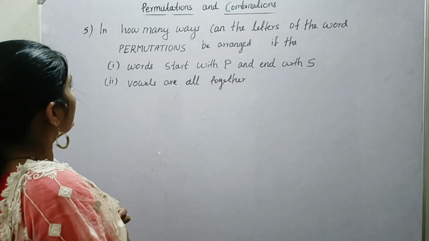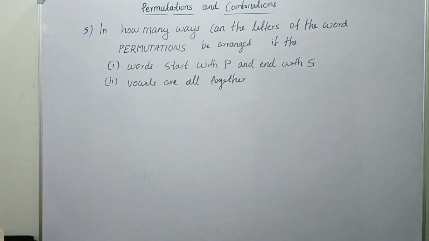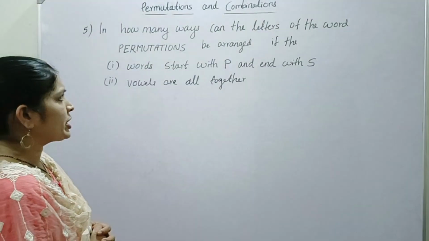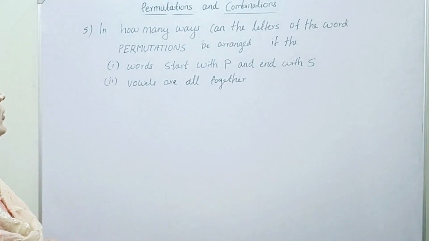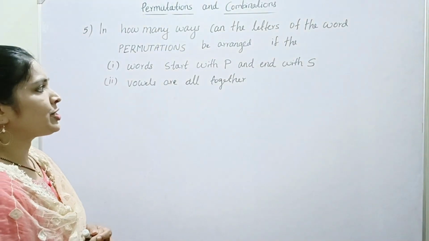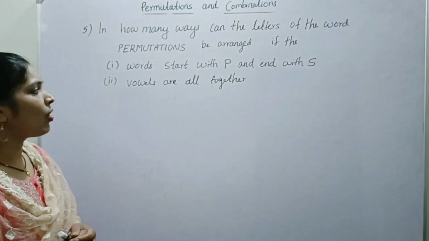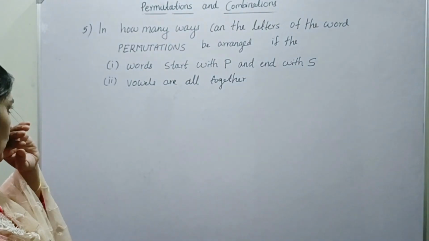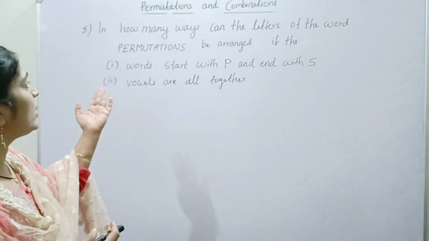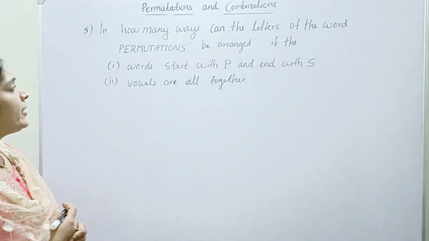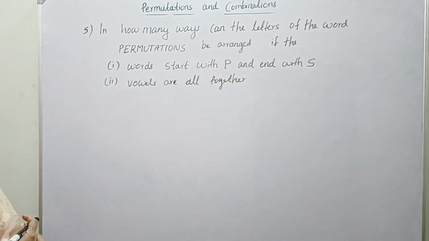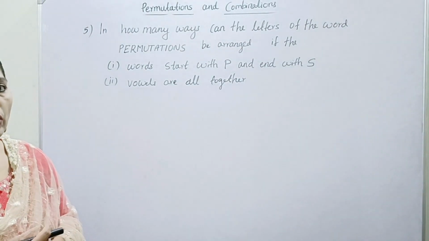Next question is, in how many ways can the letters of the word PERMUTATIONS be arranged if the words start with P and end with S, and second, the vowels are all together. So first of all let us go through the first one. The given word is PERMUTATIONS.